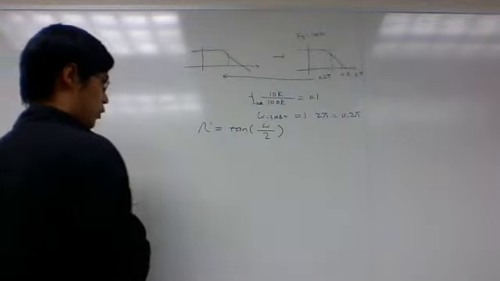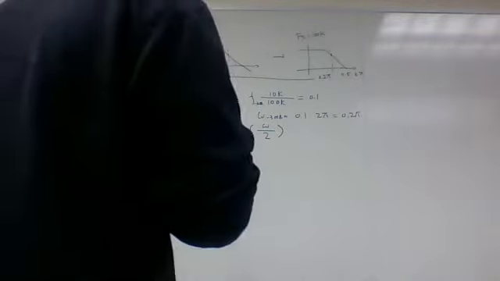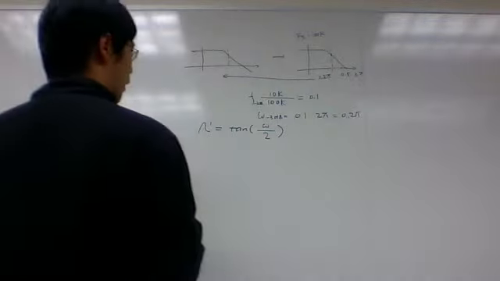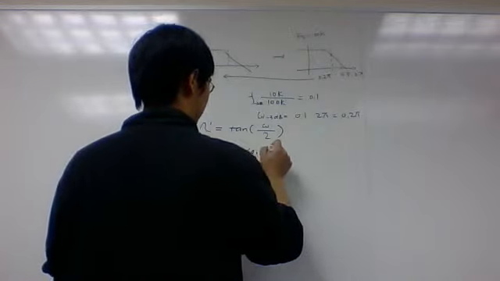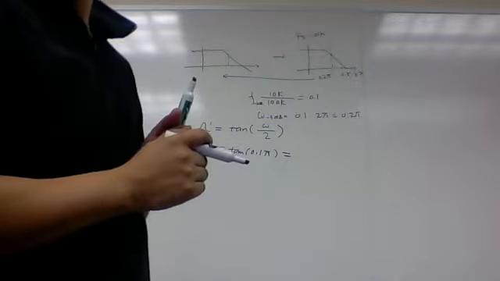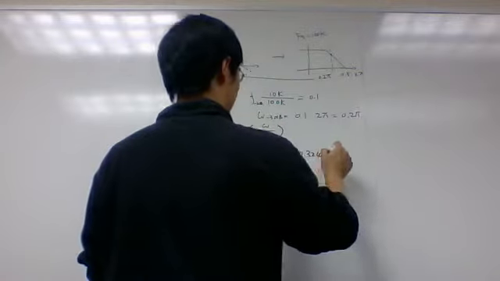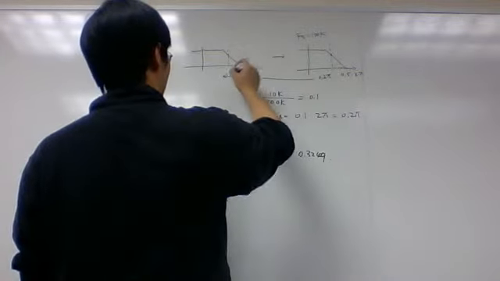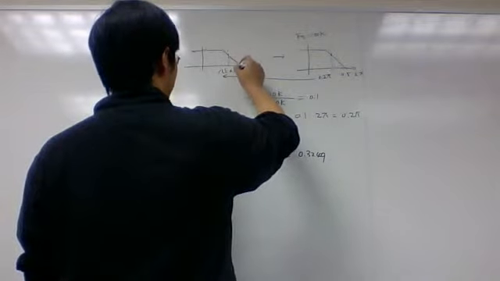For easier manipulation. So this will be tangent of 0.1 pi, and this is how much? 0.3249. Okay, so this is at the omega of 0.3249.